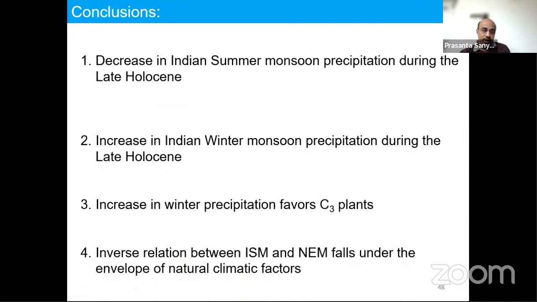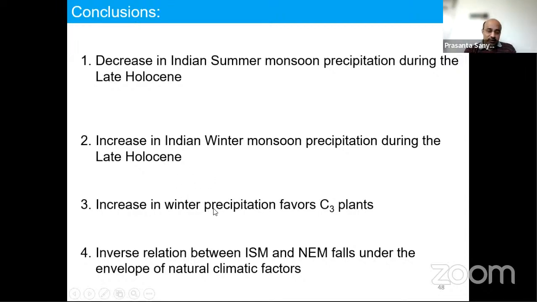So with this, I would like to summarize here. As most of you know, the Indian summer monsoon has decreased in the late Holocene, but at least I have not seen any climatic record which showed a past reconstruction of the Indian winter monsoon. Our study suggests that the winter monsoon has increased in the late Holocene.